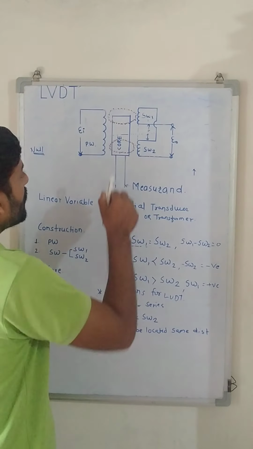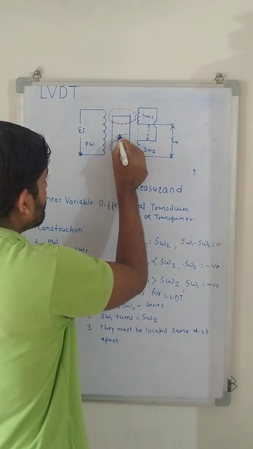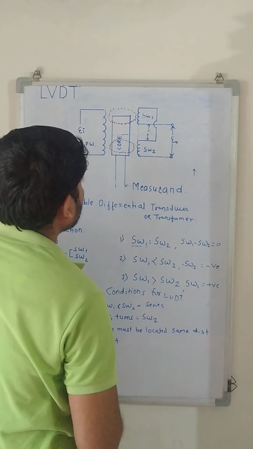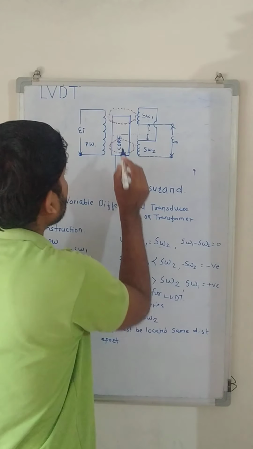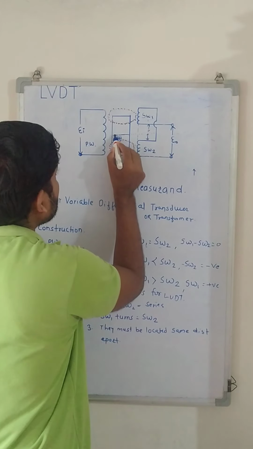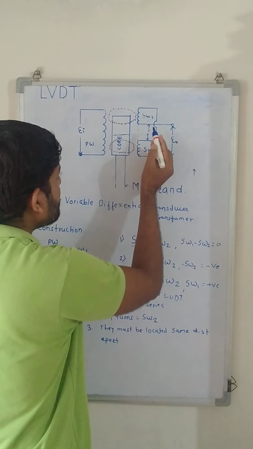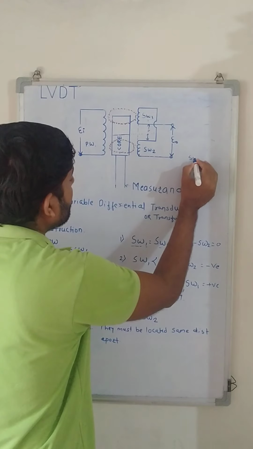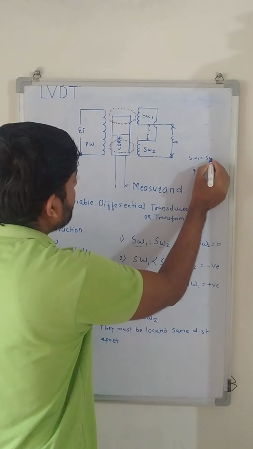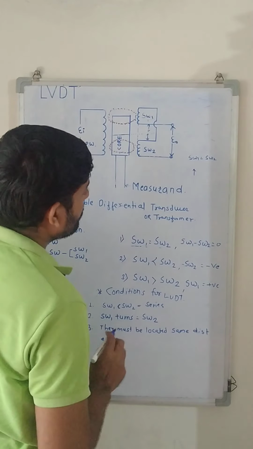If the core is at the null position or the center position, what will happen? When the core is at the center or null position, the EMF generated in secondary winding 1 is equal to secondary winding 2, because there is no movement of the core.